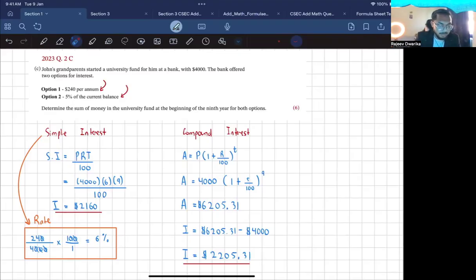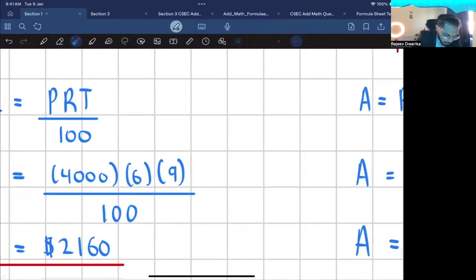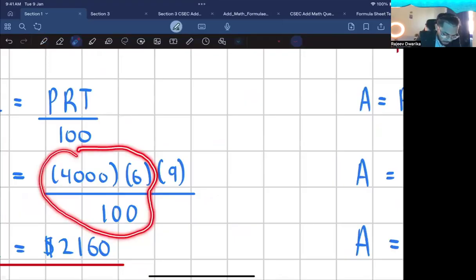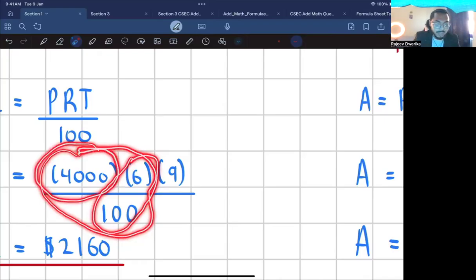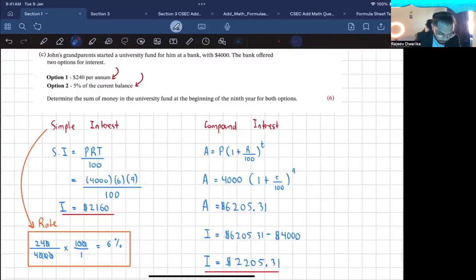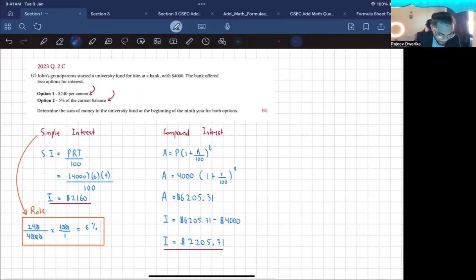Exactly. That's what I do, right? 240. So 6% is just 240. We know that. And that's what we're doing over here. 6 over 100. We're finding 6% of 4,000, right? And we multiply that by 9.